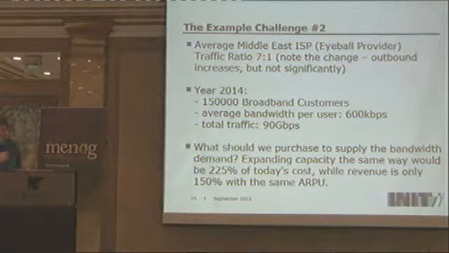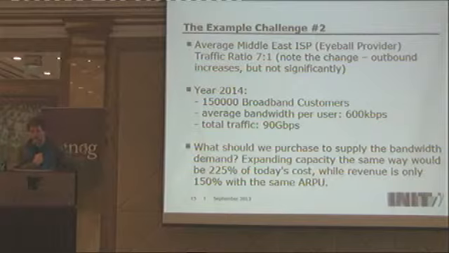Now we're going to year 2014. The Middle East ISP, our example ISP, still is an eyeball provider. The traffic ratio changes a bit, it's 7:1. So people are starting to use more outbound traffic. It goes into a more balanced traffic ratio, but it's still insignificant.